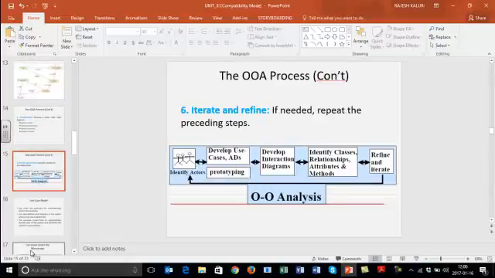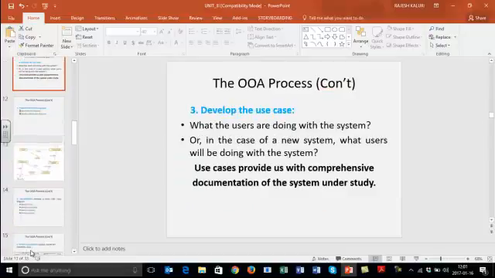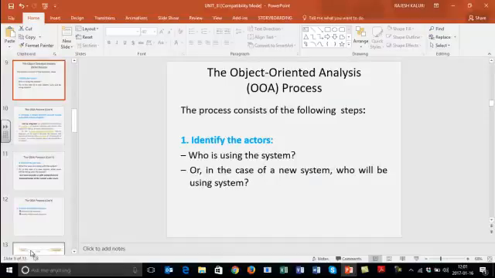Now we will see a very detailed discussion on each and every step of the object oriented analysis, which are 6 steps. So the first one is identifying actors.